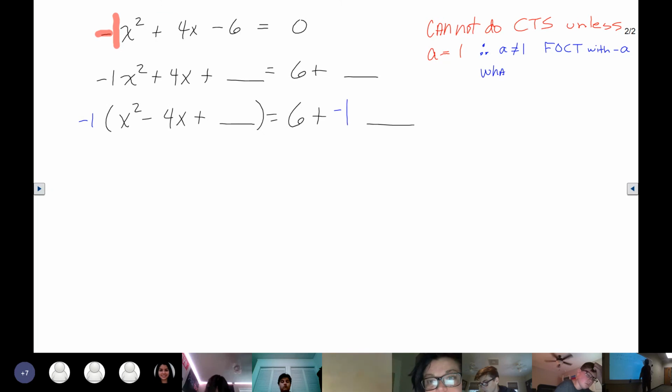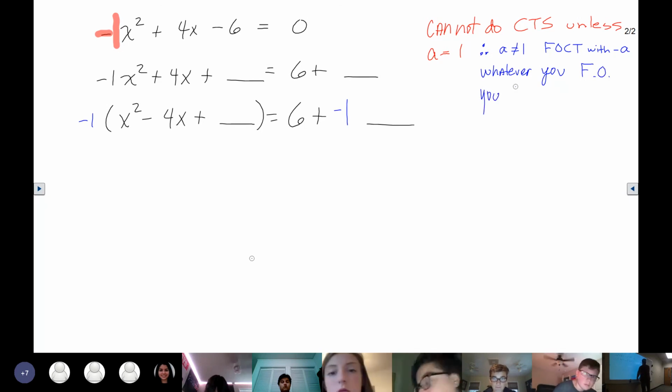Whatever you factor out, you have to multiply by the right side blank.